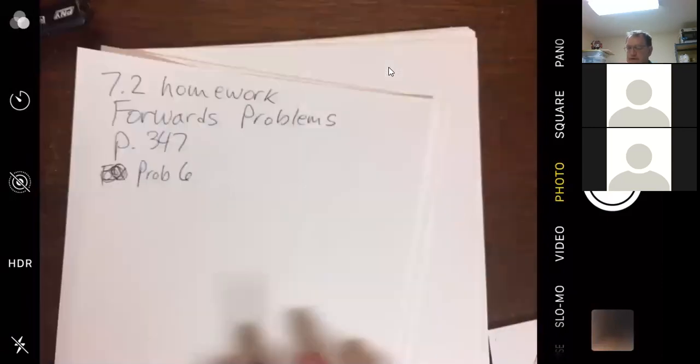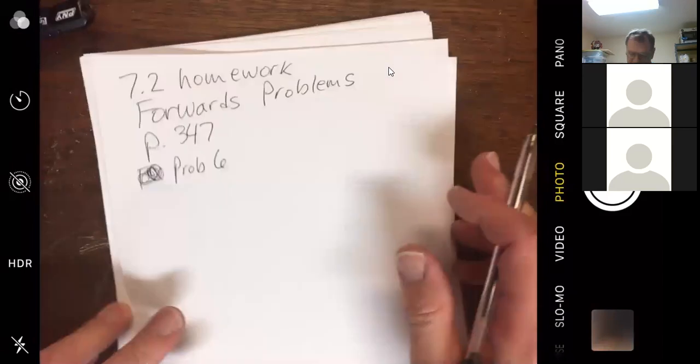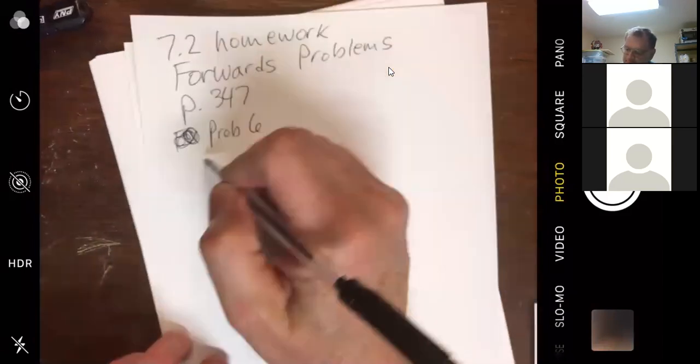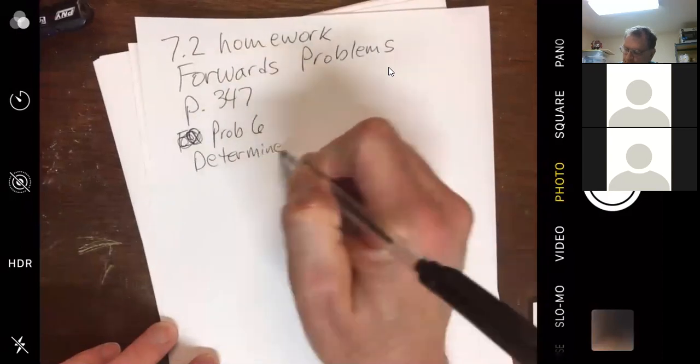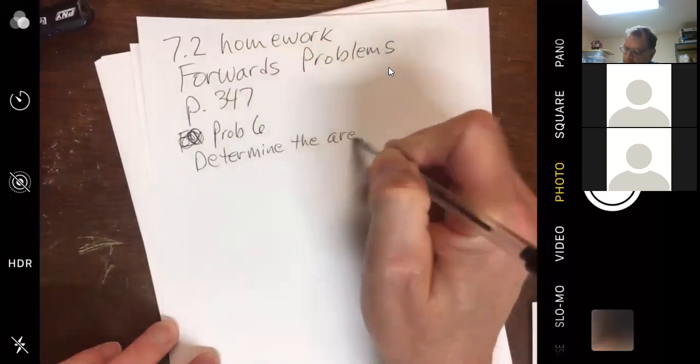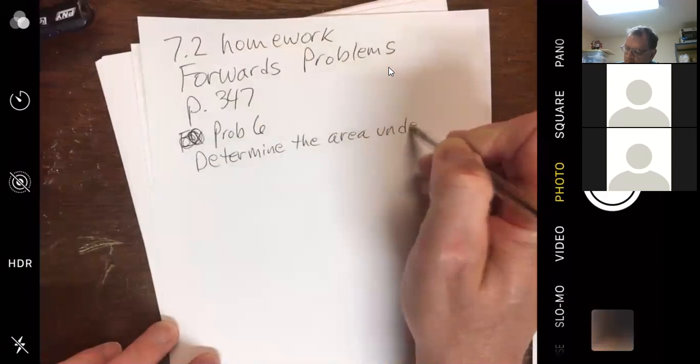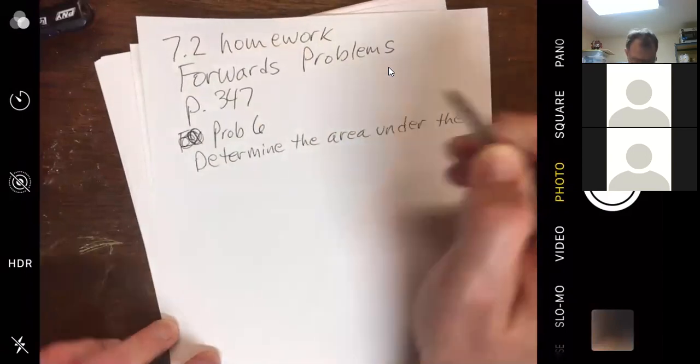I'm gonna write that down. Determine the area under the normal curve.